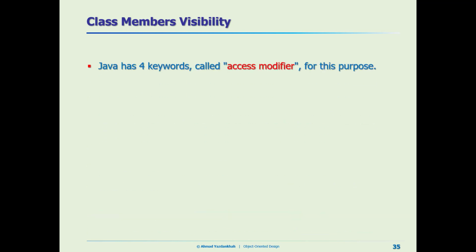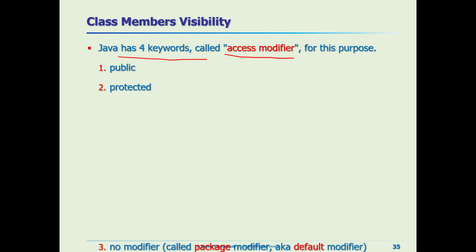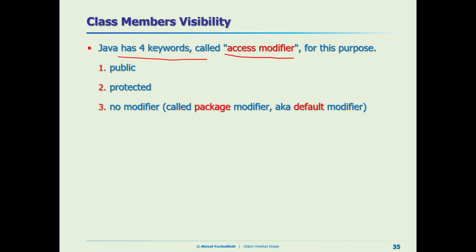As you might know, Java has 4 keywords that we call access modifiers. The first one is public, then protected. When we don't mention any access modifier, we call it no modifier. This is also known as package modifier or default modifier, and also the private modifier.